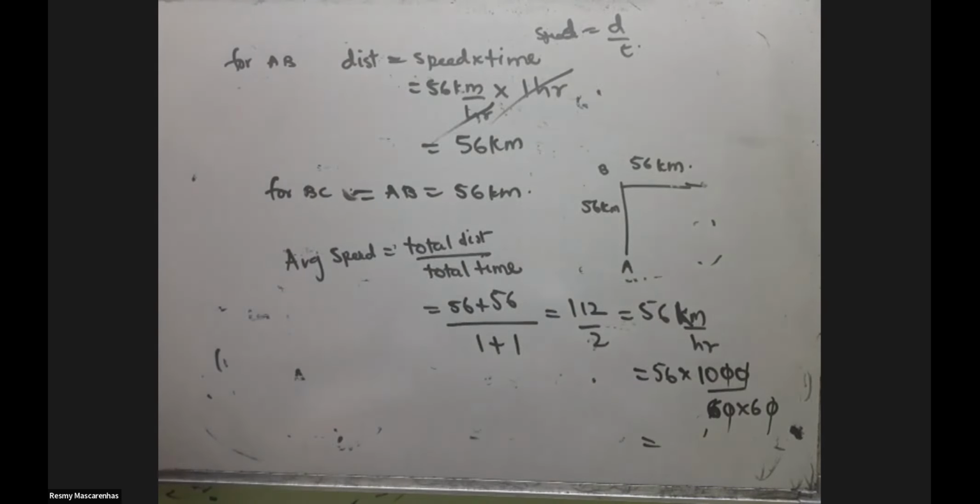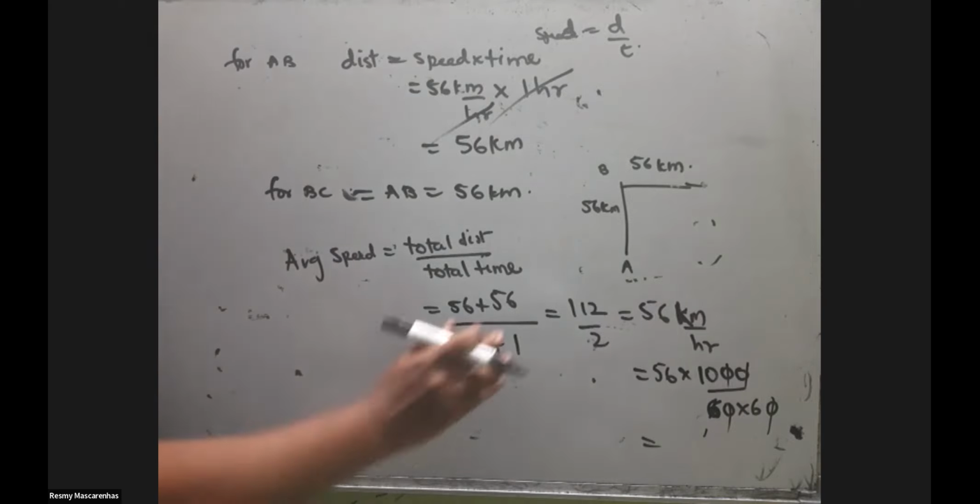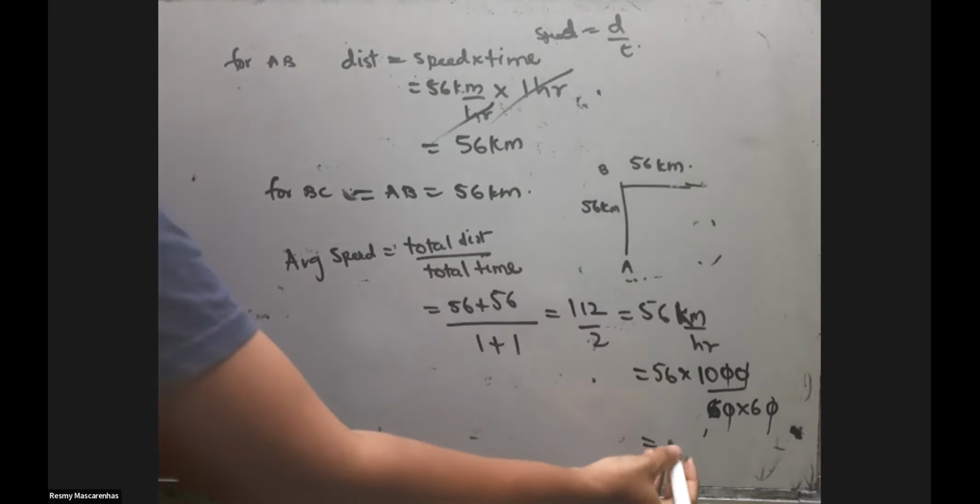Then the options we will get are different, no? Anyways, this is only to teach you how to find the average speed.